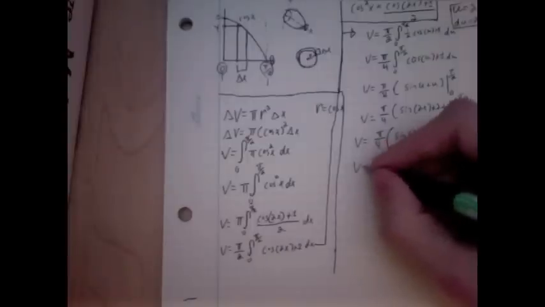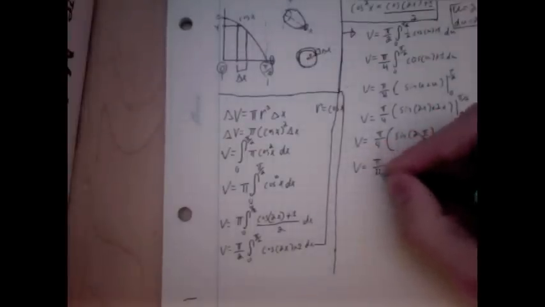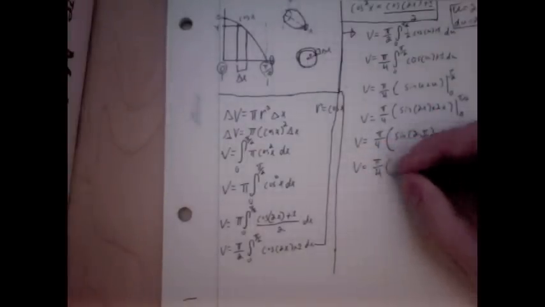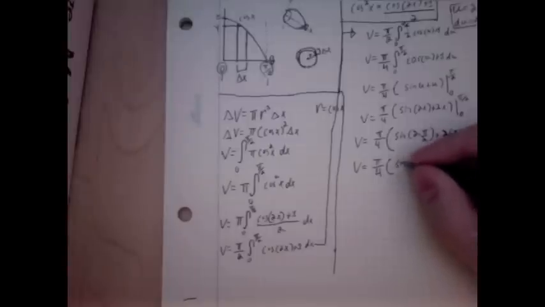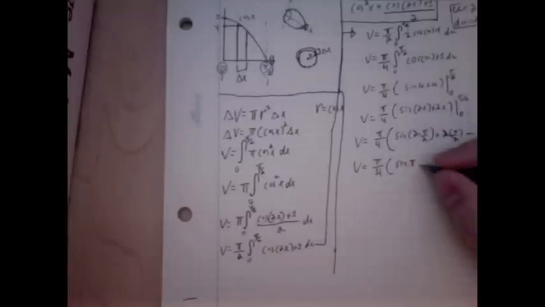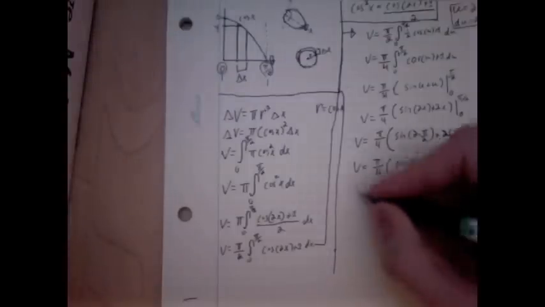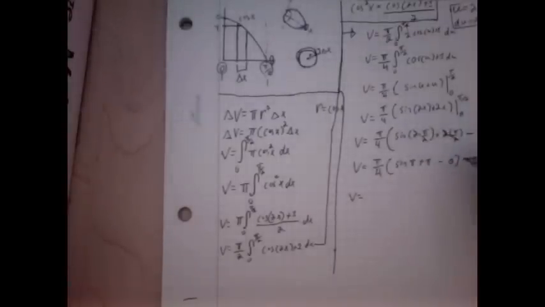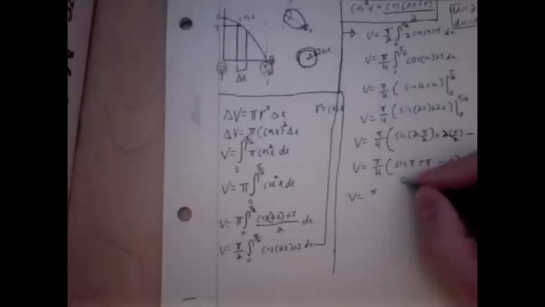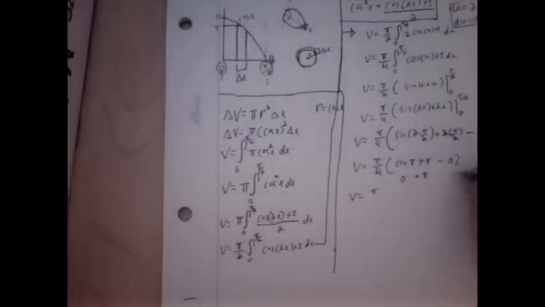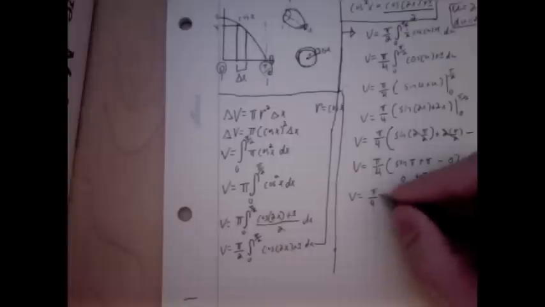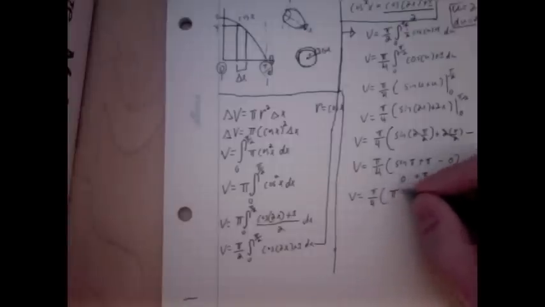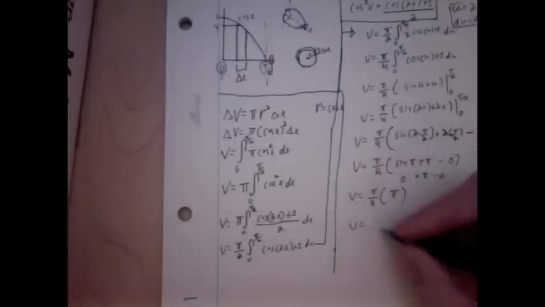So then V is equal to pi over 4 multiplied by sine pi plus pi minus 0. Sine pi is just 0, plus pi, minus 0. So we get pi over 4 multiplied by pi, which leads us to the answer, pi squared over 4.